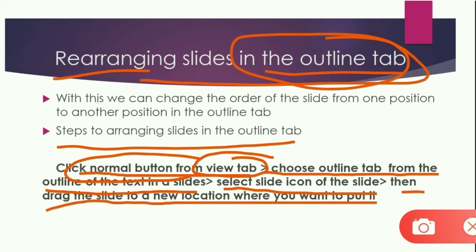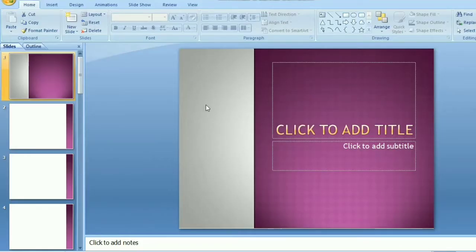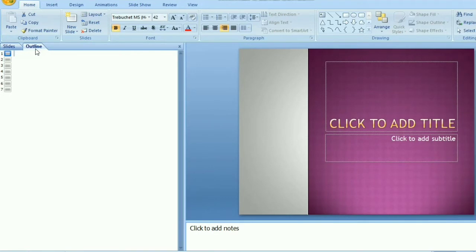Let us see the rearranging of a slide with the help of the outline tab, with the help of the practical view. Okay, this is the option of the outline tab, as you can see here. Now clicking on it, you can see the view of the outline tab.